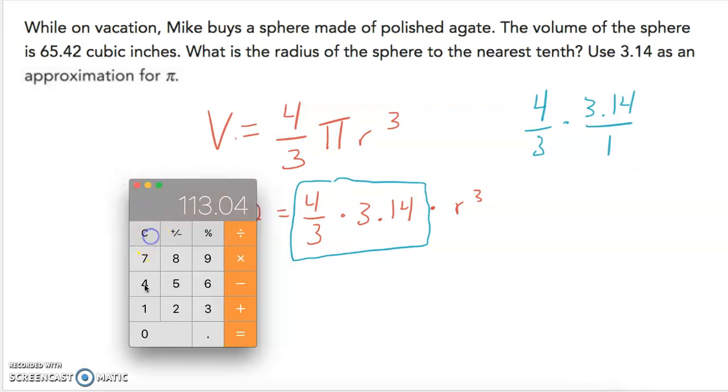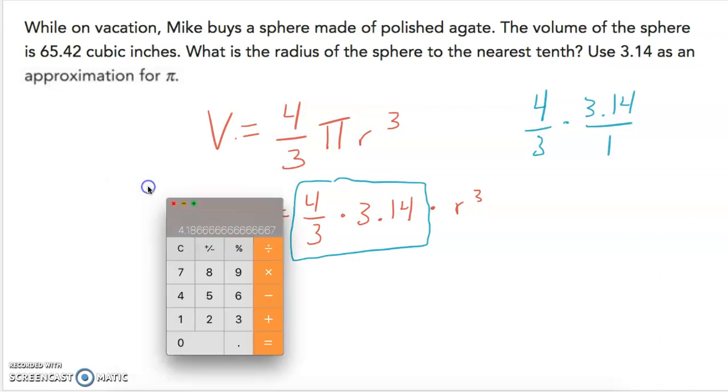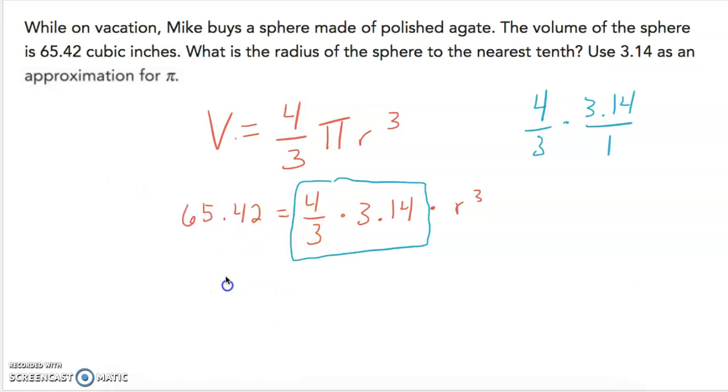So 4 times 3.14 is 12.56, divided by 3 is going to give us 4.19. All right, so I'm left with 65.42.